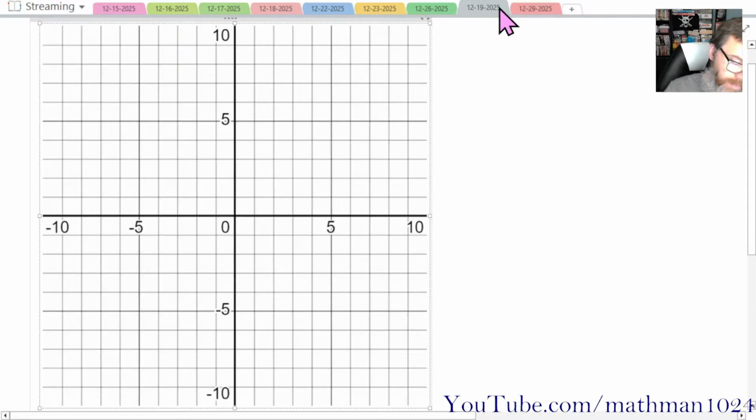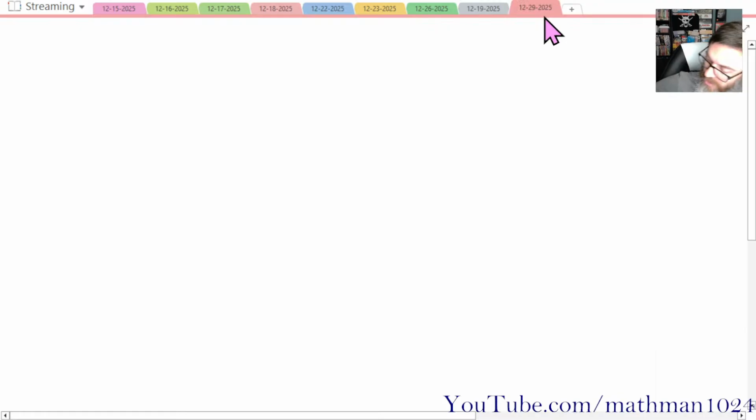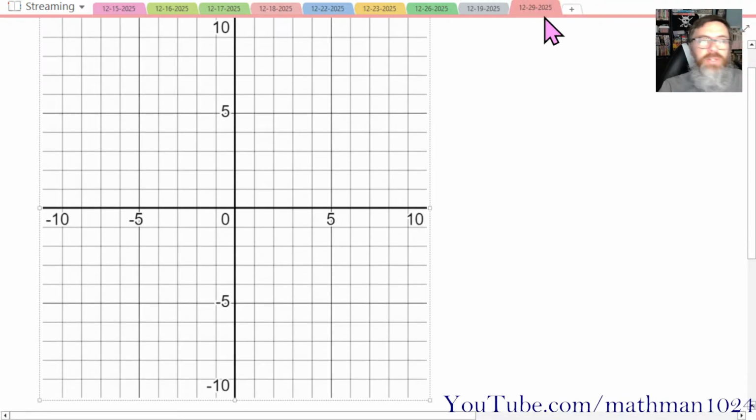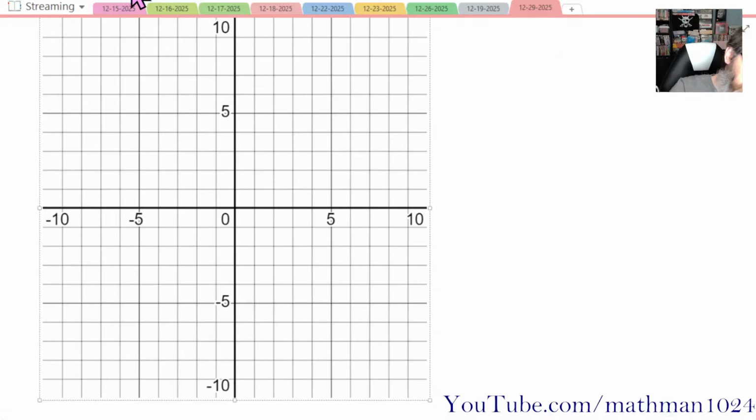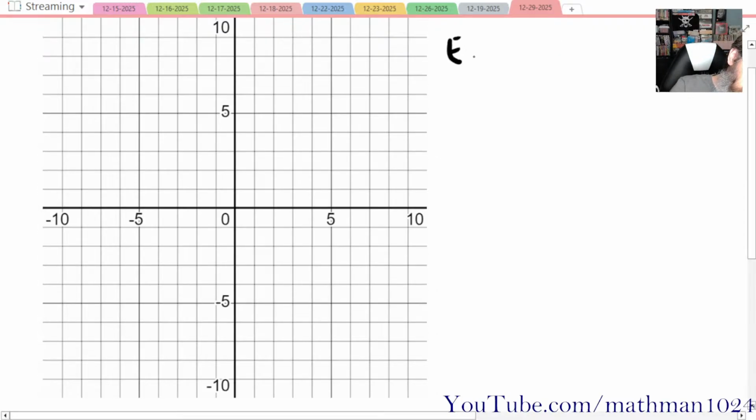Let's just do this. I'm going to grab this guy right here so that we can go ahead and just start talking about what it means to be an exponential function.